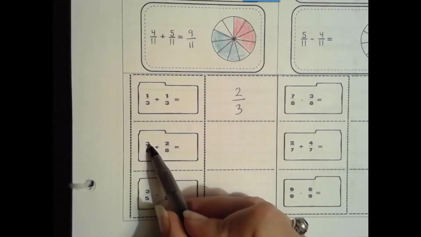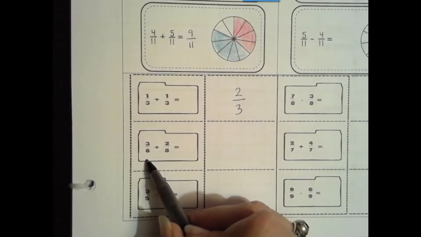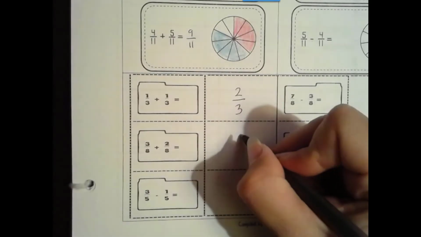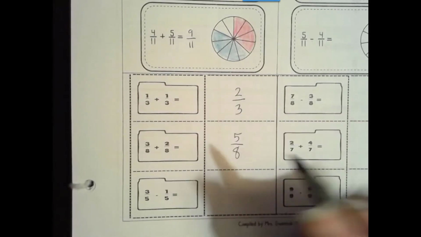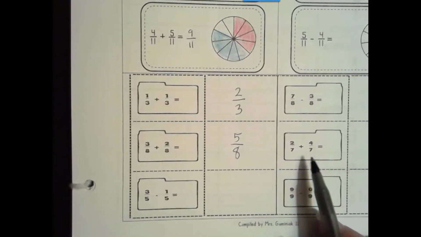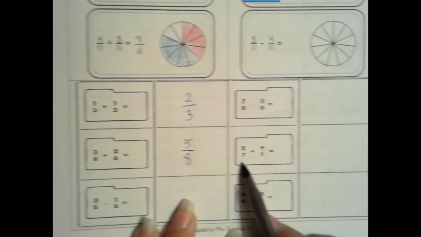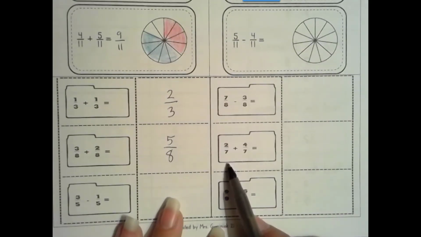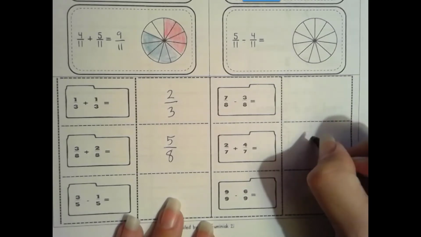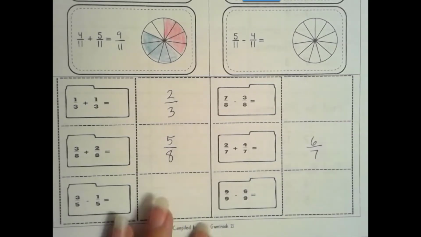So 3 out of 8 pieces plus 2 out of 8 pieces will give me 5 out of 8 pieces. 3 plus 2 is 5. This is subtraction. I'll come back to that later. Here's another addition here though. 2 out of 7 pieces plus 4 out of 7 pieces is a total of 6 out of the 7 pieces.